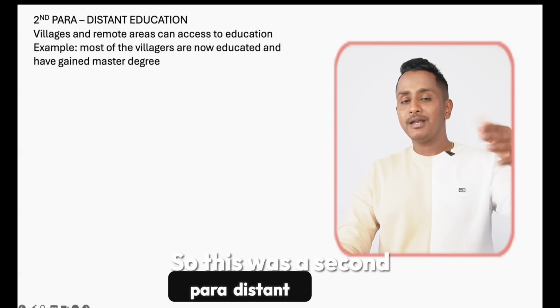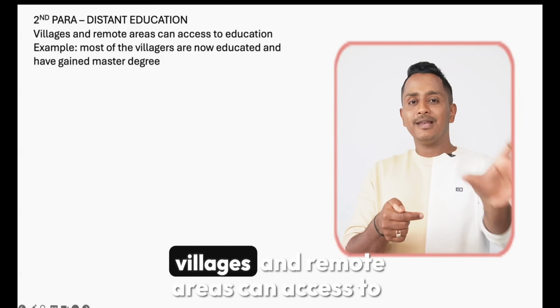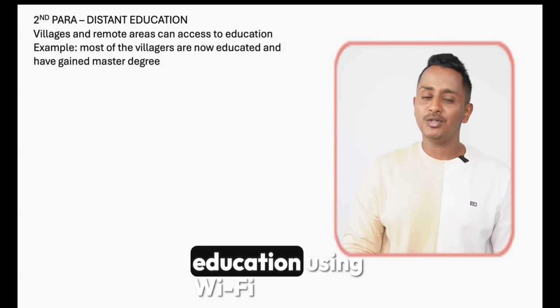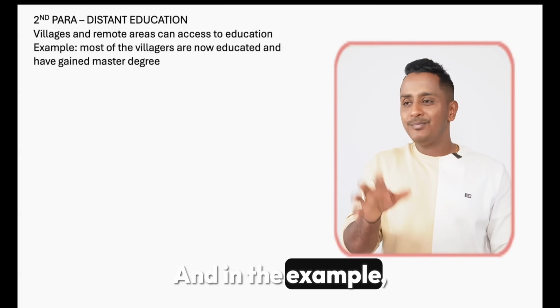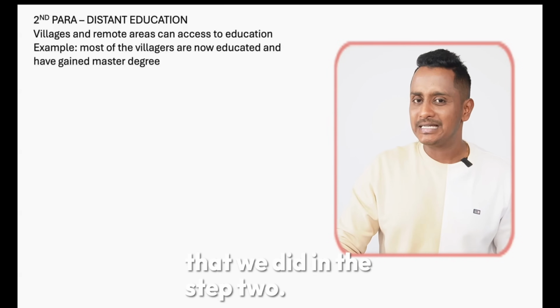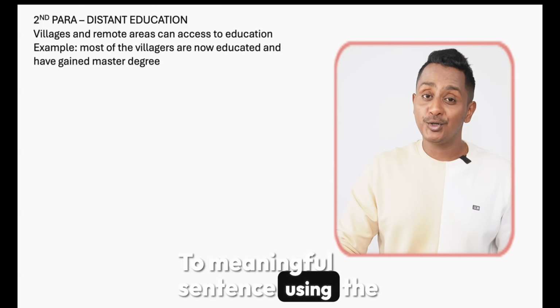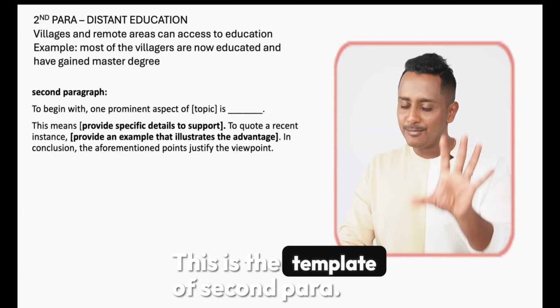So this was the second para, distant education main idea that we wrote, and for that supporting idea, villages and remote areas can access education using Wi-Fi or whatever. And in the example, most of them have got the degree. This is the rough work that we did in step 2. In step 3, we're going to make it into a meaningful sentence using the template. This is the template of second para.